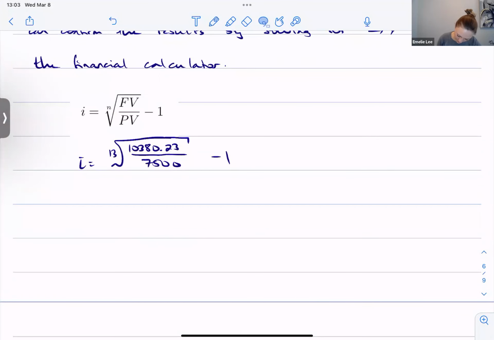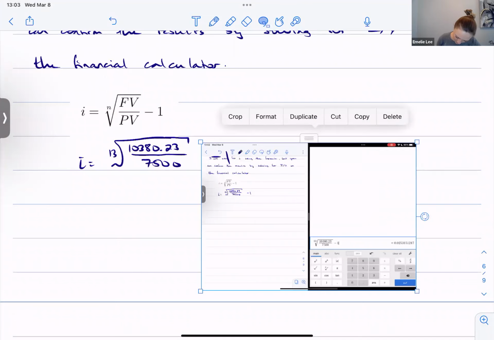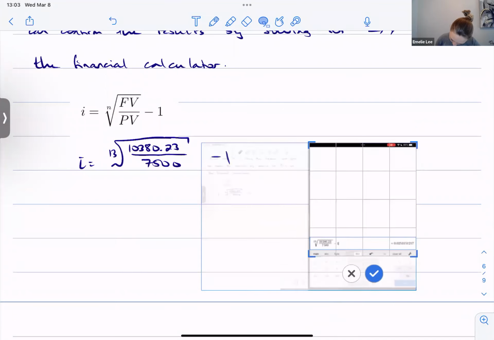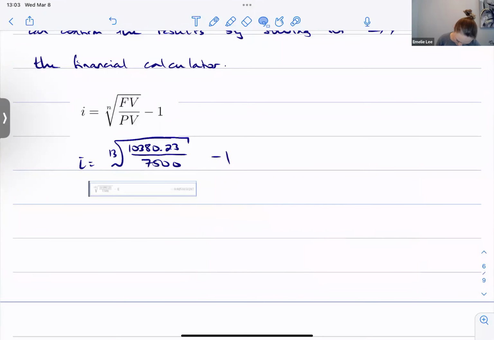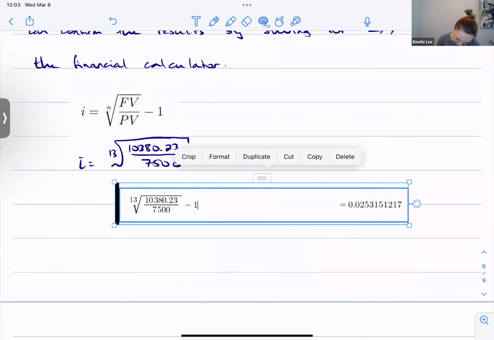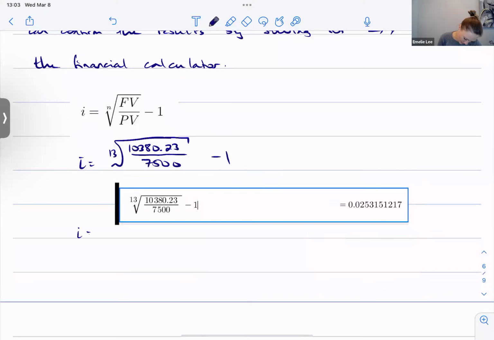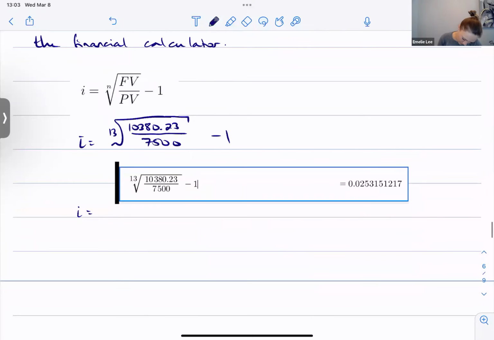So I get this. So I is 0.0253151217. I is R over F, right?